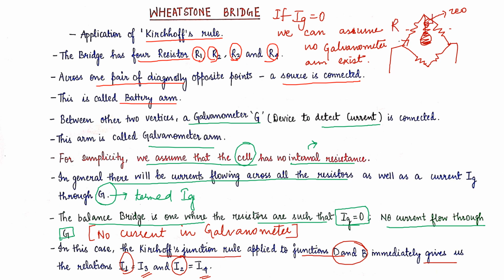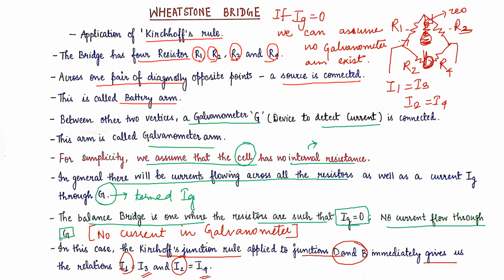Now when we assume this, the current flowing through R1 and R3 is the same. Similarly, the current flowing through R2 and R4 will also be the same. I1 equals I3 and I2 equals I4, because there is no junction at their meeting point.